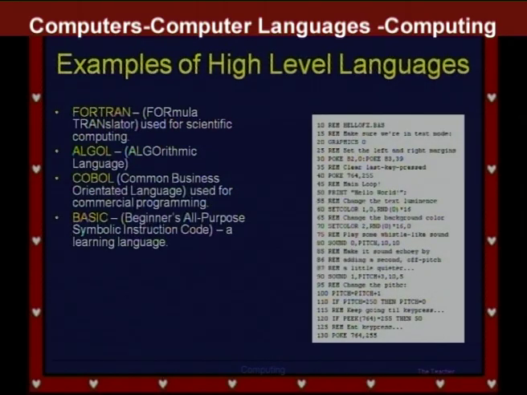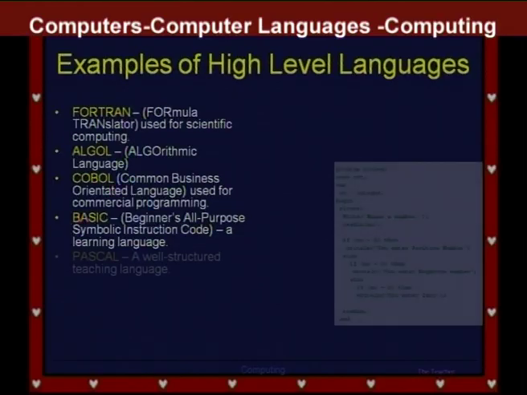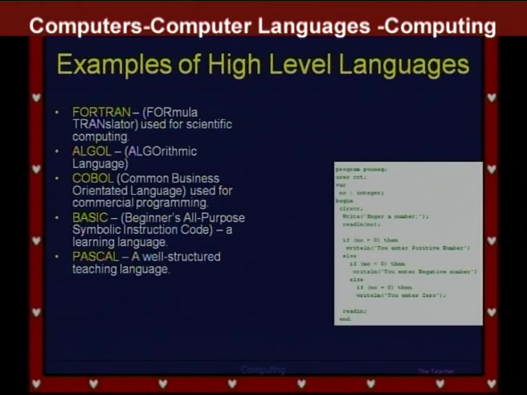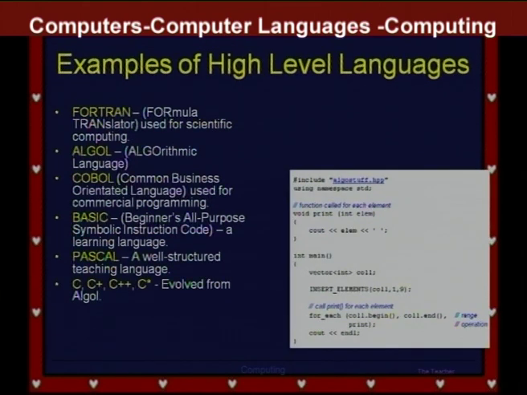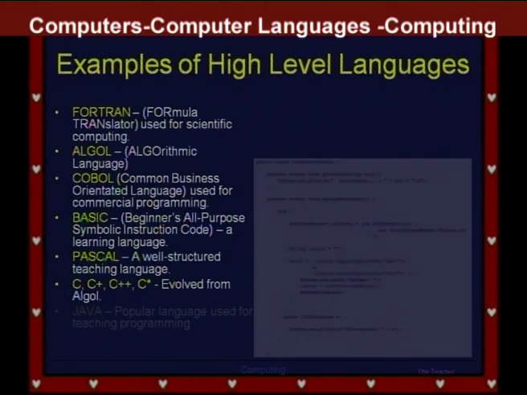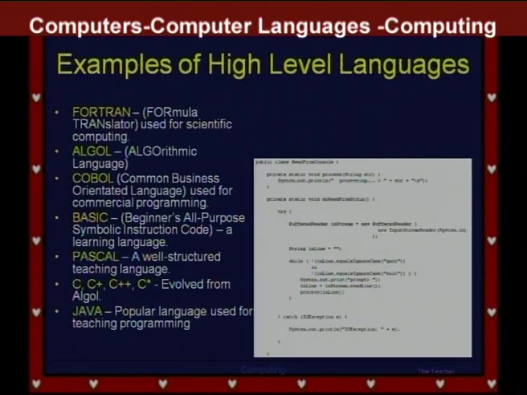And BASIC, this also looks like C++, a learning language. And Pascal as well, a structured teaching language. And C++, this evolved from Algol. And Java, a popular language used for teaching programming.